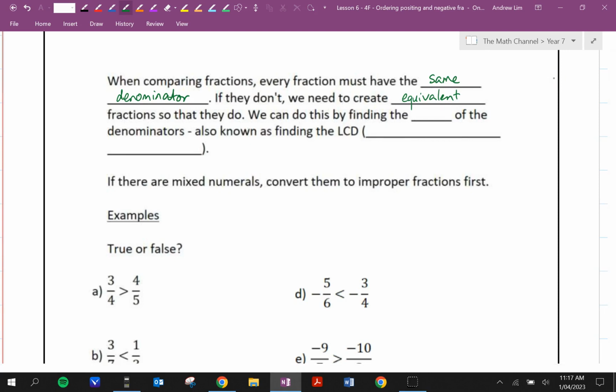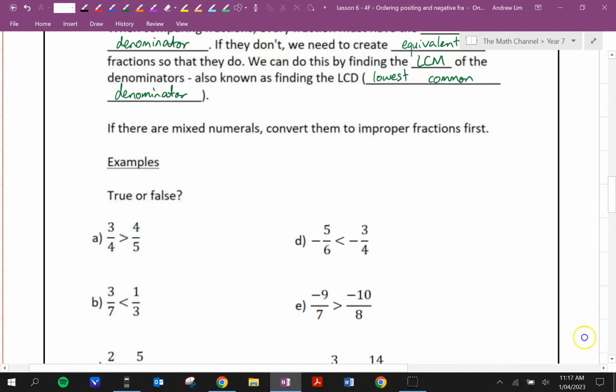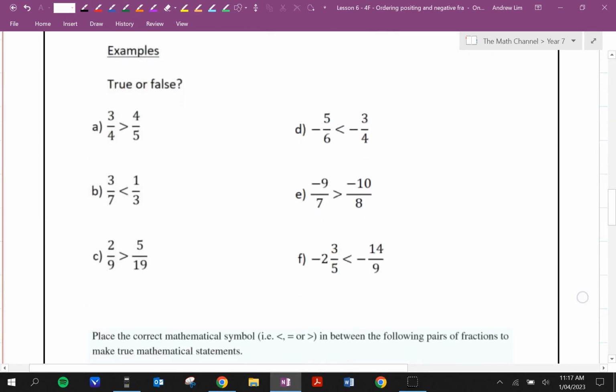We can do this by finding the lowest common multiple of the denominators, but this is also known as finding the LCD, or lowest common denominator. If there are mixed numerals, convert them to improper fractions first, and then we can compare. So true or false? Alright, let's have a look at these examples.